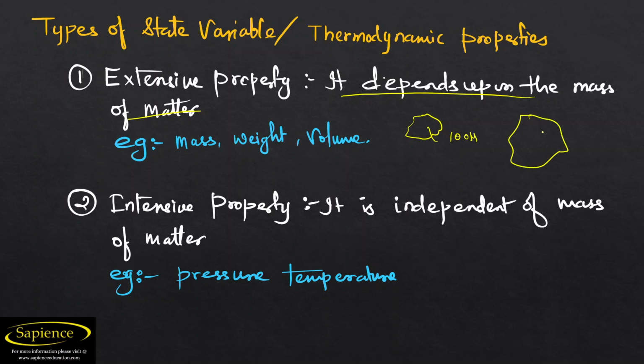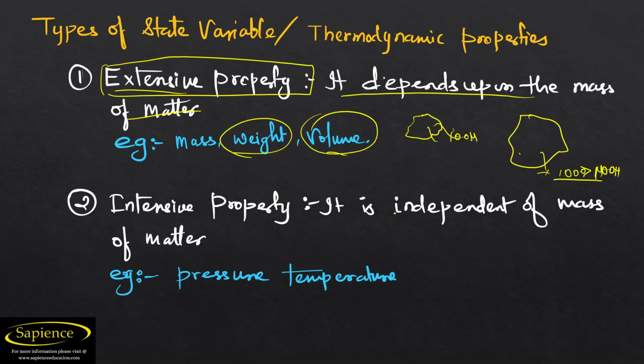If we increase the matter inside the body, its weight becomes greater than 100 Newton, it may be 1000 Newton. So this quantity, weight, depends upon the matter. If we increase the matter, volume may also increase, so this also depends upon the mass of the matter. The property which depends upon the mass of the matter is known as extensive property.